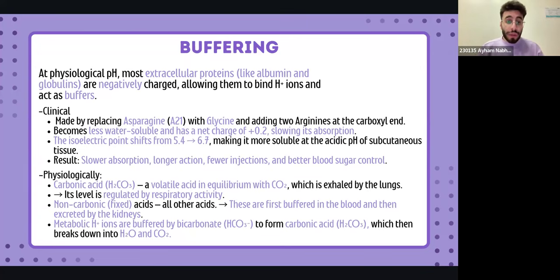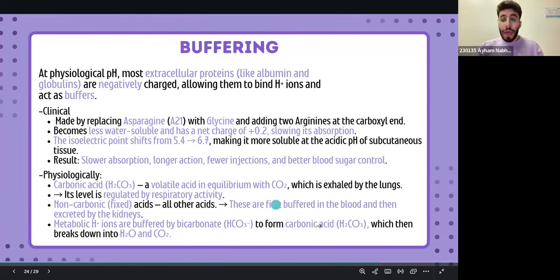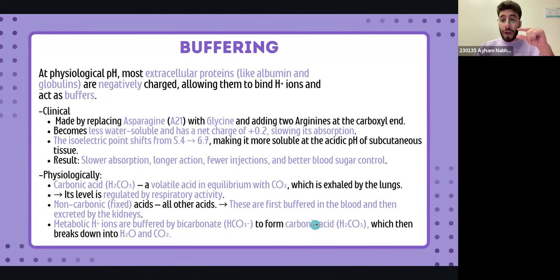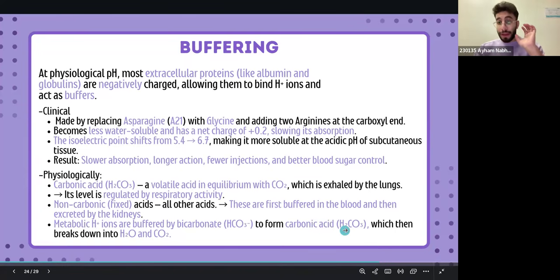Okay, what about the metabolic protein that is made in our body? It is going to be buffered by bicarbonate, which is the broken down component of carbonic acid. So once we have a metabolic hydrogen, bicarbonate would come and bind to it.